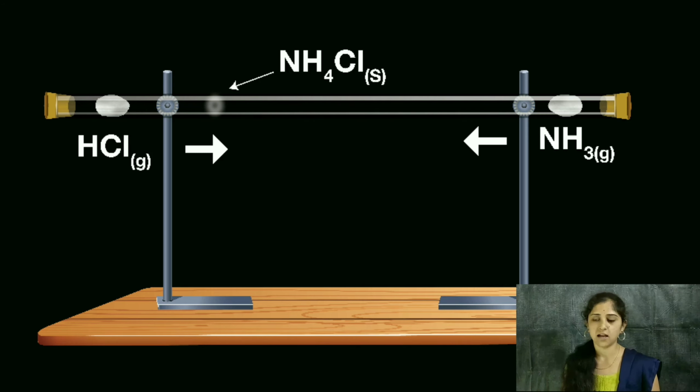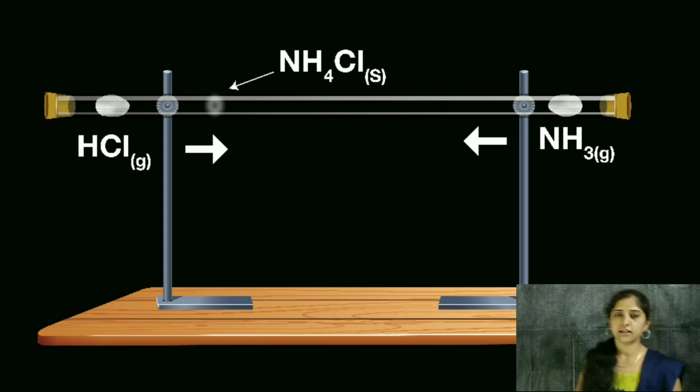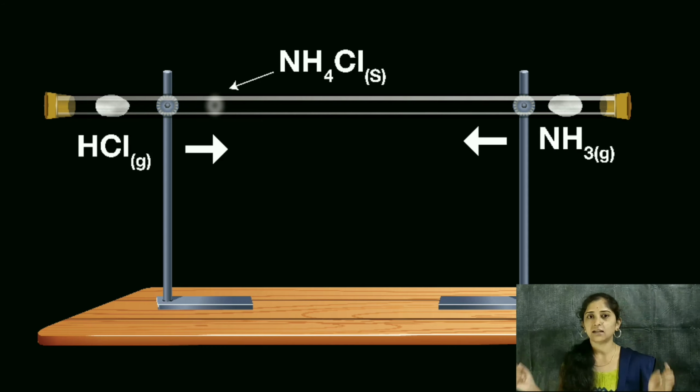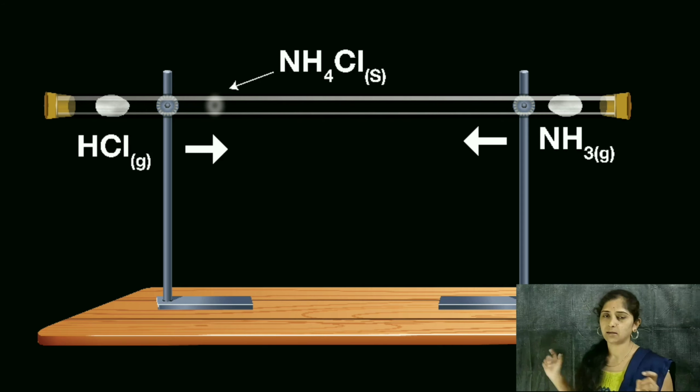One cotton ball should be soaked in ammonia solution and the other in hydrochloric acid solution. These two cotton balls should be inserted at both ends of the glass tube. After that, we cover the two ends of the glass tube with the rubber corks.